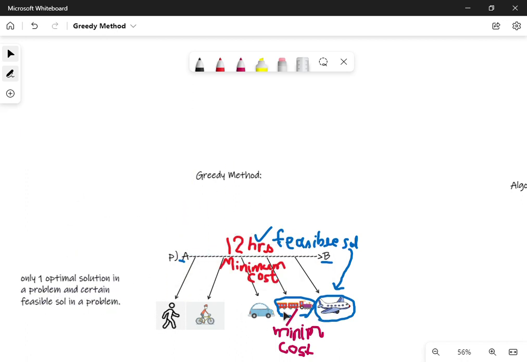Like this, we have only one optimal solution, which is train, and here we have two feasible solutions, which are train and plane. So there can be only one optimal solution in a problem and more than one feasible solution in a problem.